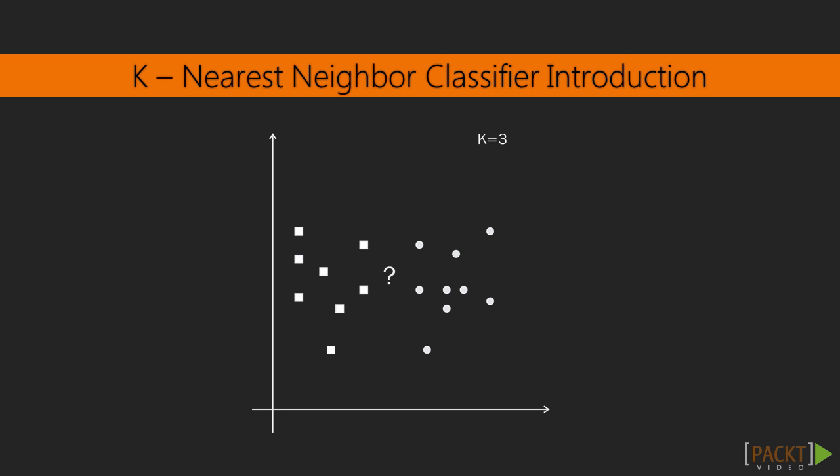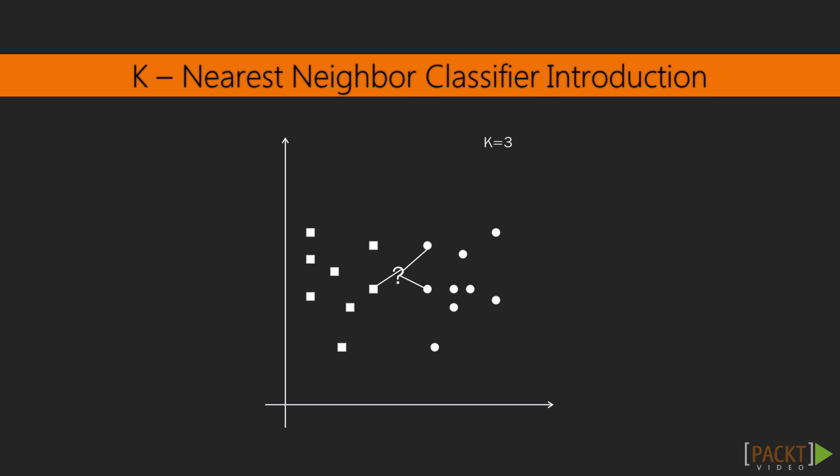Please stop the video for a while and think about it, and come up with your answer about which class this question mark belongs to. Hope some of you felt the question mark belongs to circles class, and some of you felt it belongs in the squares class. Let me explain which class the question mark actually belongs to by considering the k-value as 3. If the k-value is 3, it means the model will check for the nearest 3 classes of the question mark.